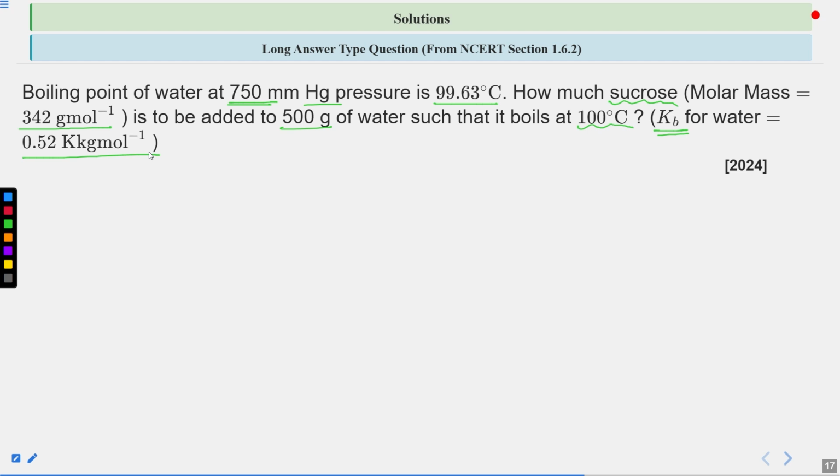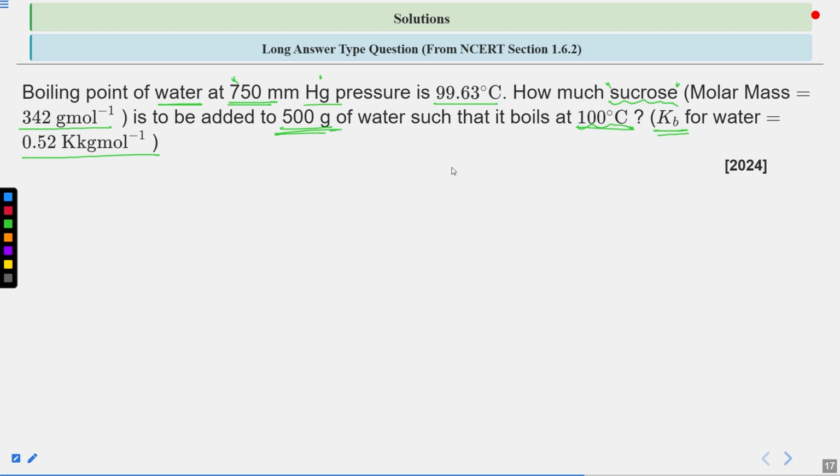So this is the whole question. What you have to determine is how much sucrose, a sugar, is needed to add to this amount of water, such that the solution will start boiling at 100 degrees Celsius, and the boiling point of water at this pressure is given as 99.63 degrees Celsius.